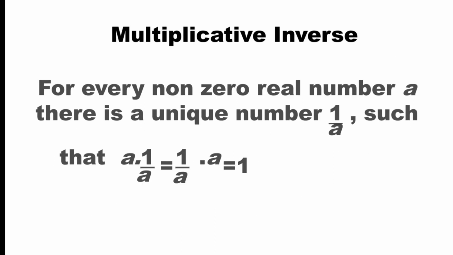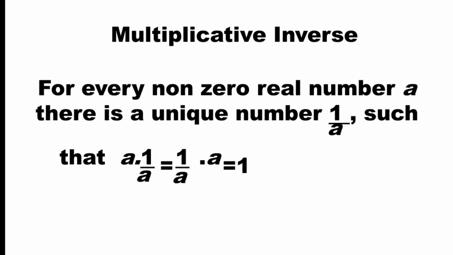The multiplicative inverse, which states that for every non-zero real number a, there is a unique number 1 over a, such that a times 1 over a is equal to 1 over a times a is equal to 1.